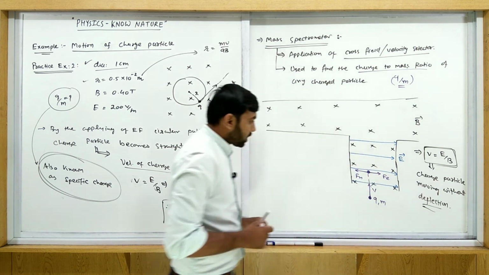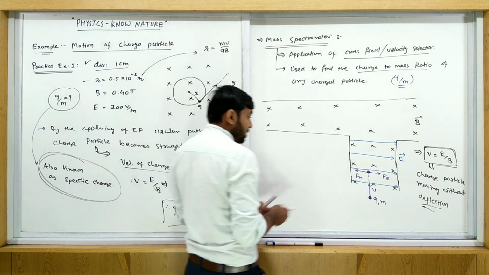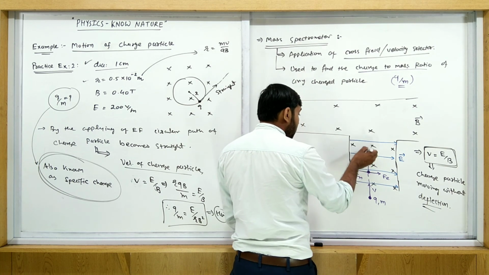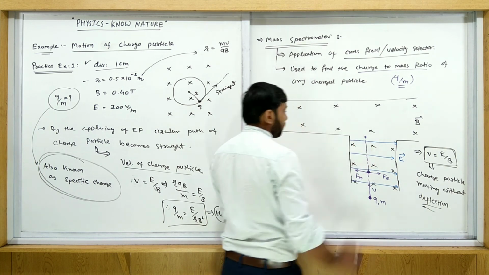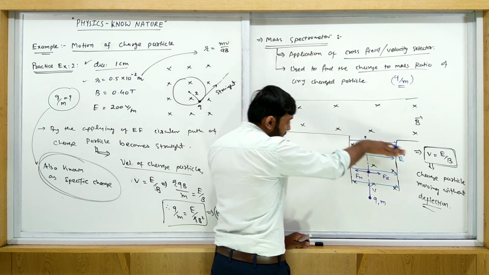If both these forces are equal, then the charged particle moves without deflection. So the charged particle will move in a straight line up to here. Why? Because within this region electric field is present.